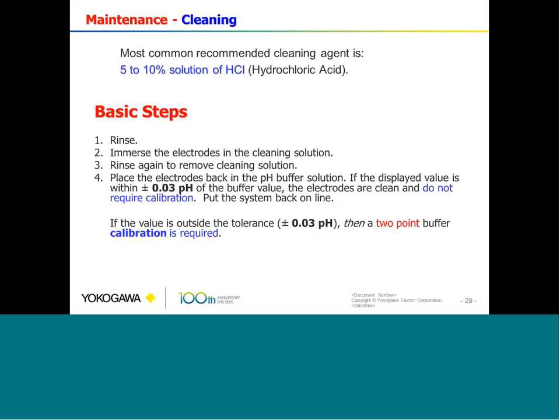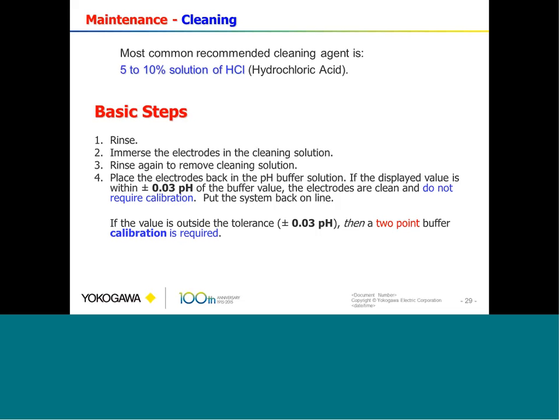Now, if the measurement's within plus or minus 0.03 pH, which is a basic range for efficiency of the electrode, then it's clean, it's functional, and you can put it back online, which saves you some time. If you make that measurement and it's beyond that 0.03 pH, then yeah, 2-point calibration is in order.